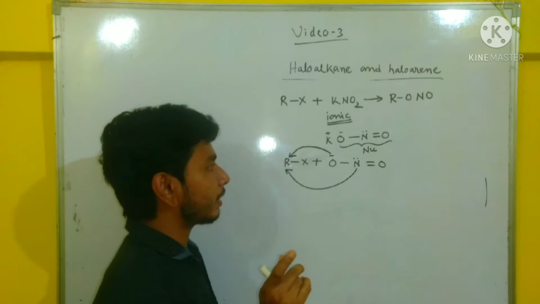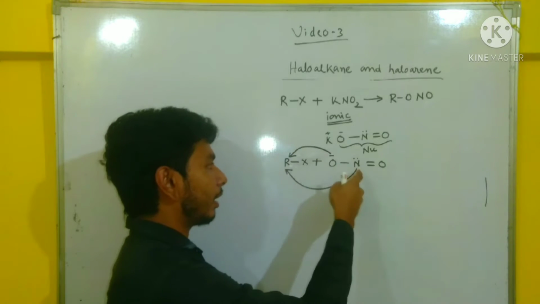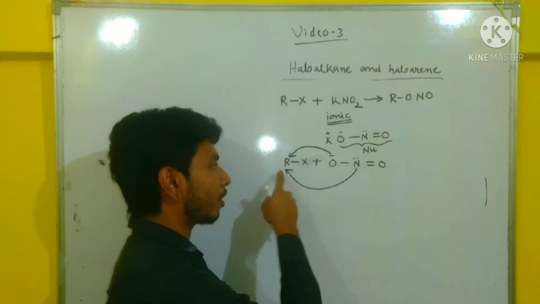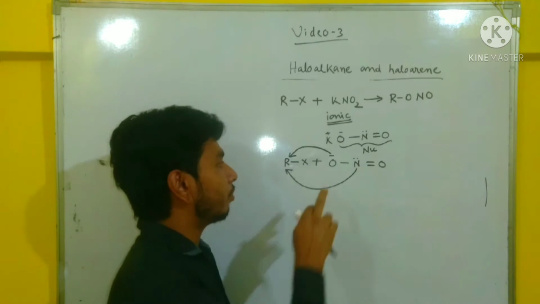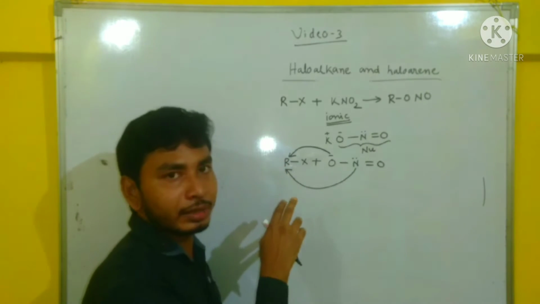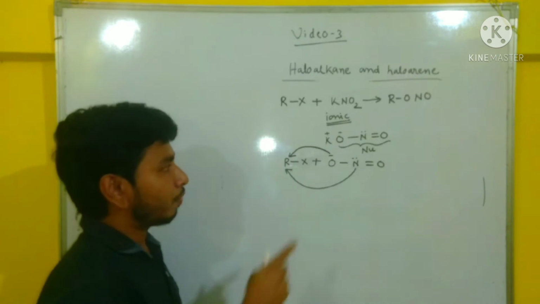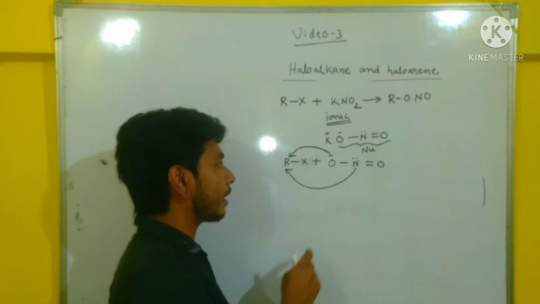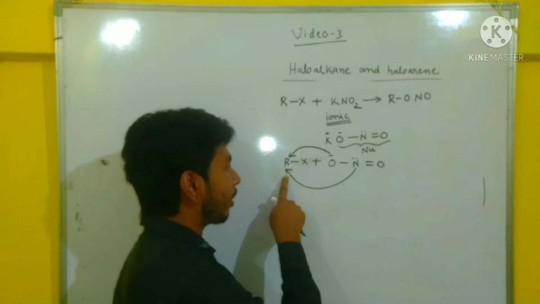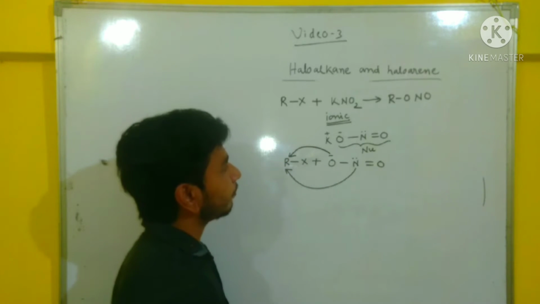There are two possibilities. Either oxygen can donate the electron pair or nitrogen can donate the electron pair. Now which one will actually take place?